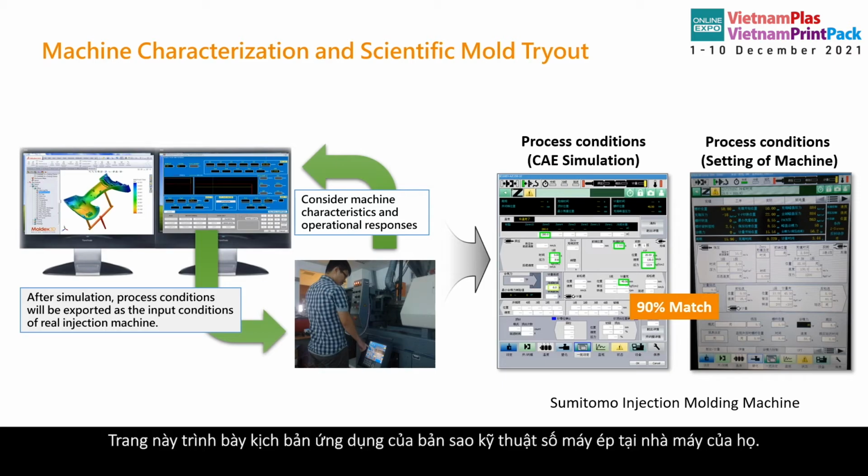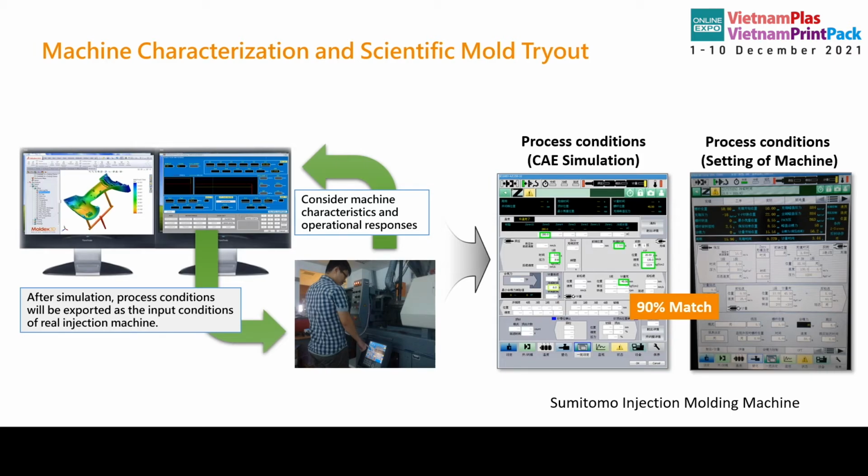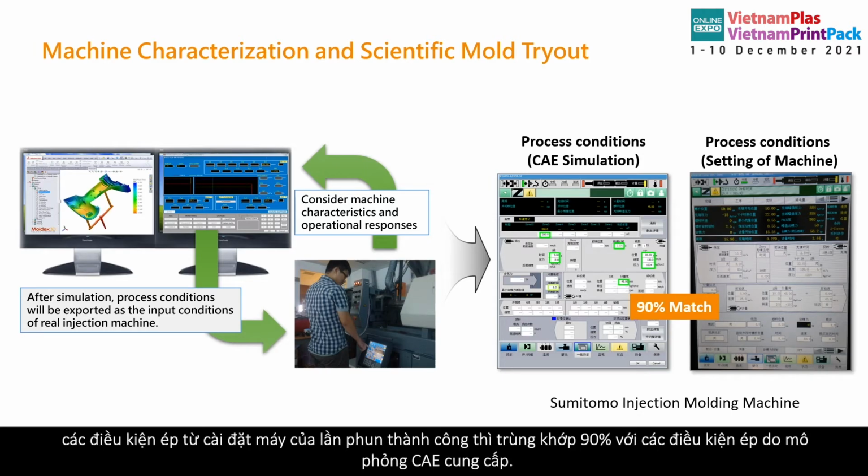Every simulation we consider machine digital twin. And after simulation, process condition will be exported as the input condition of the real injection molding machine. In this case, the process condition from machine setting for success shot has 90% measurable with condition provided by CAE simulation.